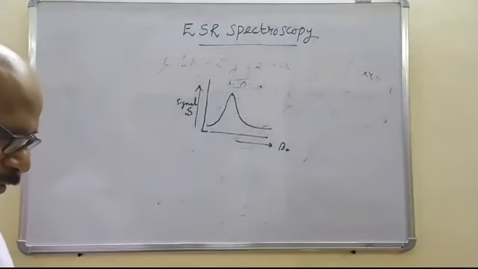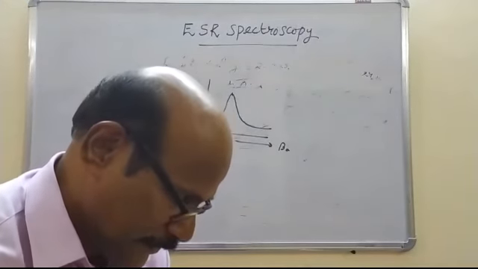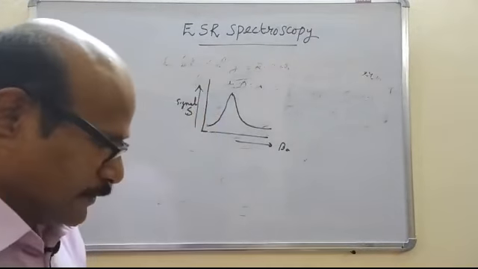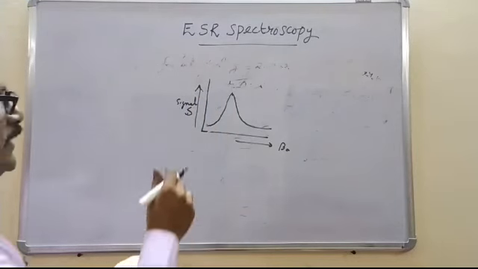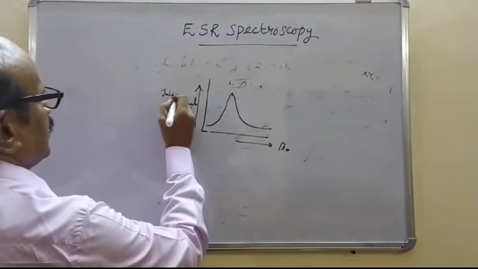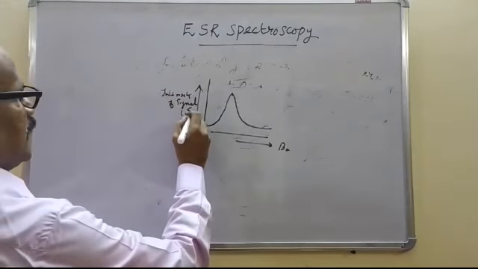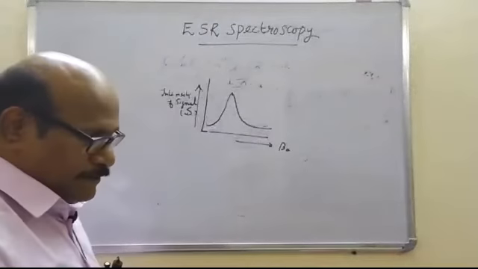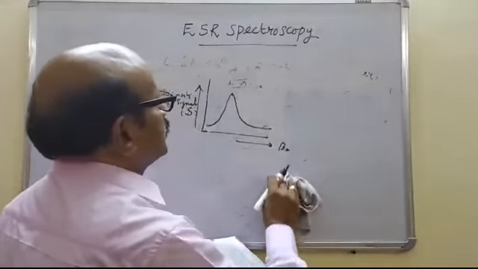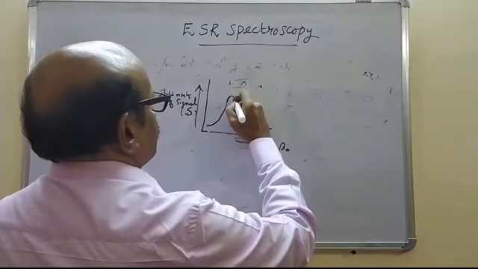So normally the ESR spectrum can be represented by plotting the intensity of the signal against the applied magnetic field B0, and corresponding to the absorption, we have a peak.